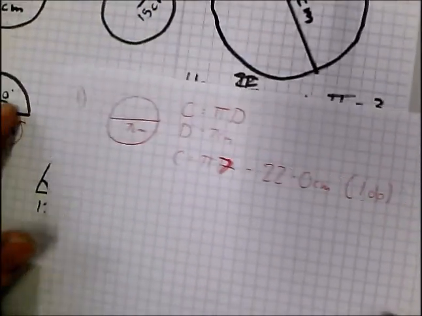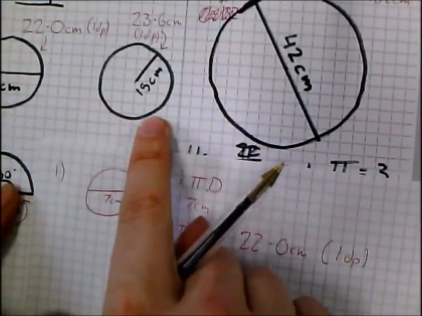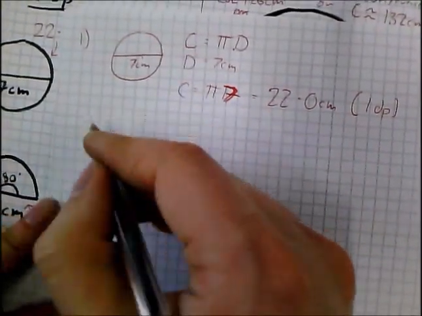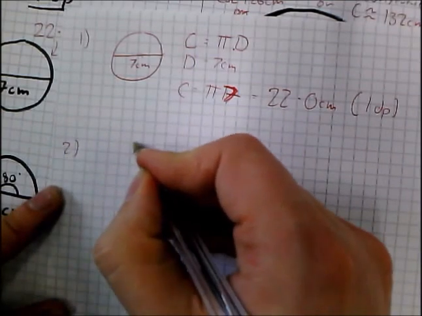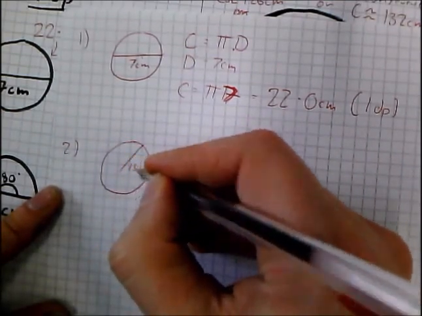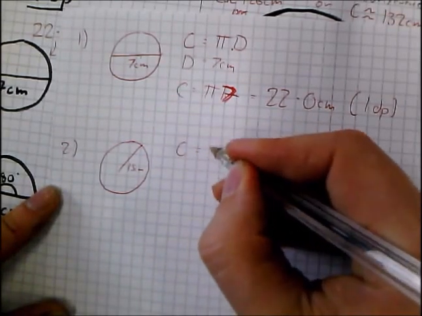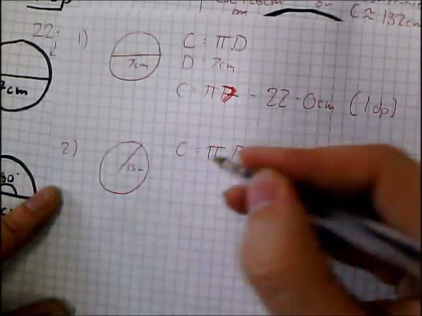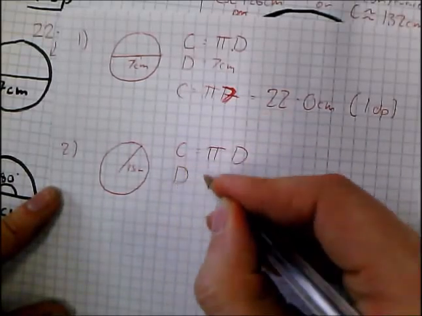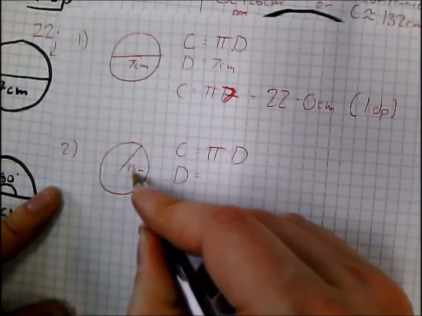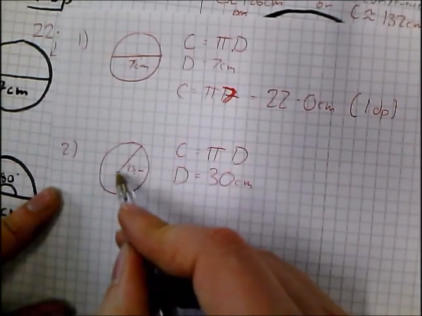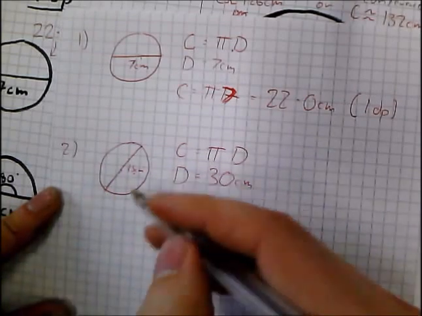Okay, let's have a look at number 2. So this time I have a full circle with a radius of 15 centimeters. So once again, C equals pi times diameter. My radius is 15, so my diameter is double that. So my diameter is 15 times 2, which is 30 centimeters, because I want the whole way around.